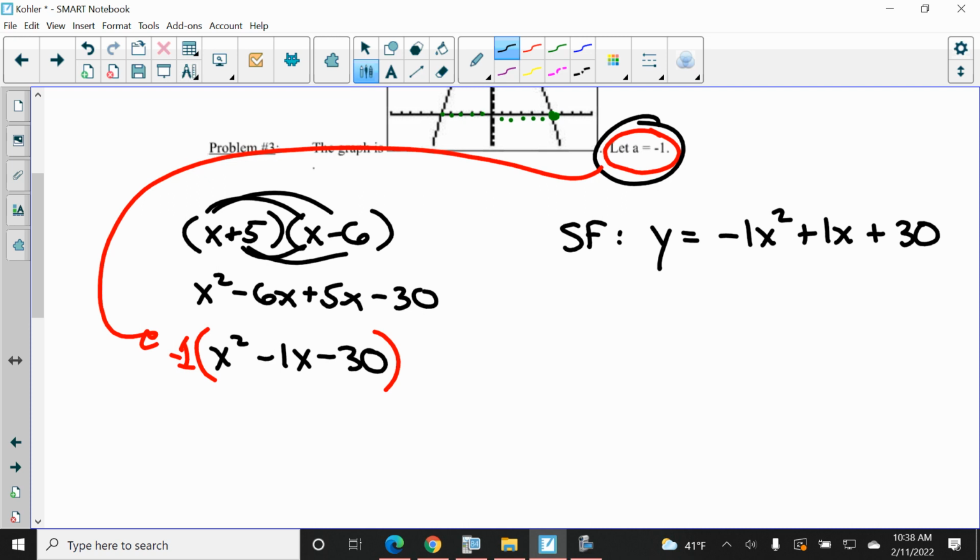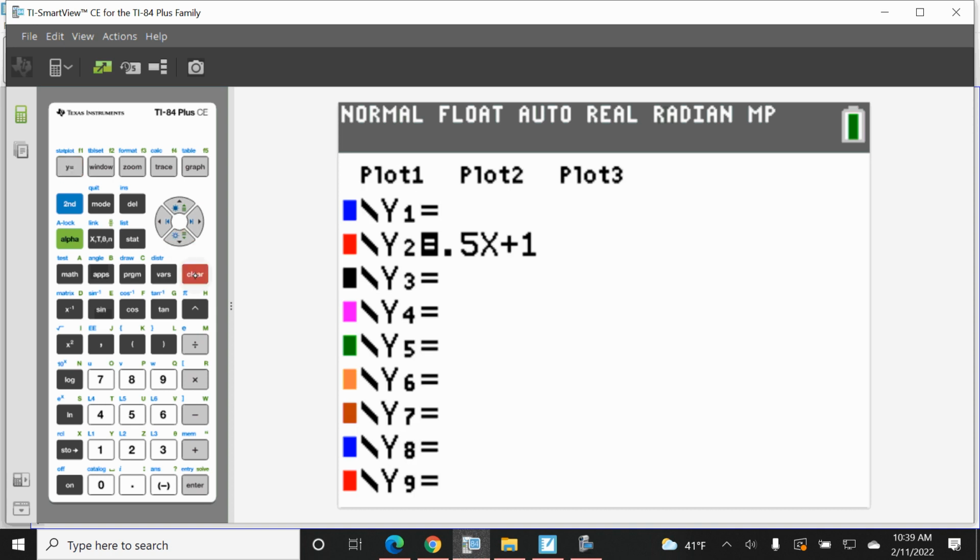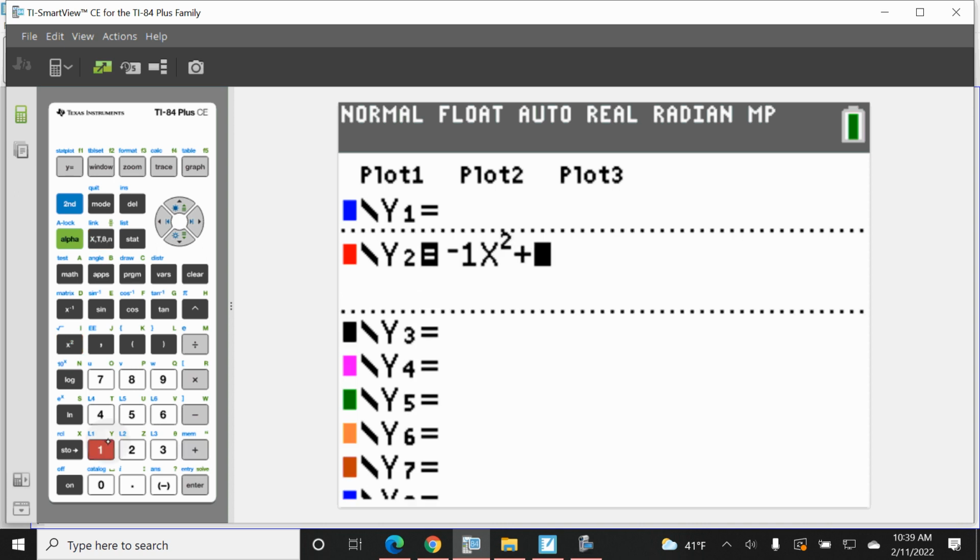And if I were to get out a graphing calculator and graph that, I need to check to see that it goes through the correct spot. So let's do that real quick. Press y equals, I'll type that in: -1x squared plus 1x plus 30.